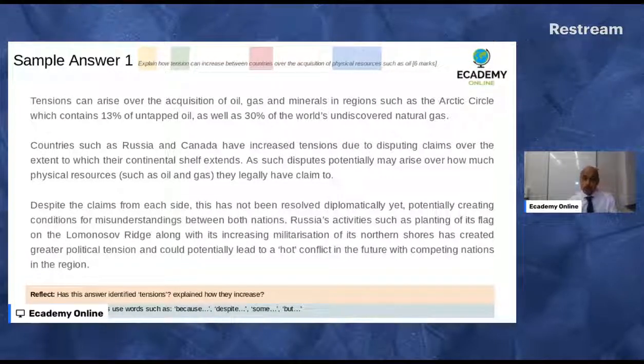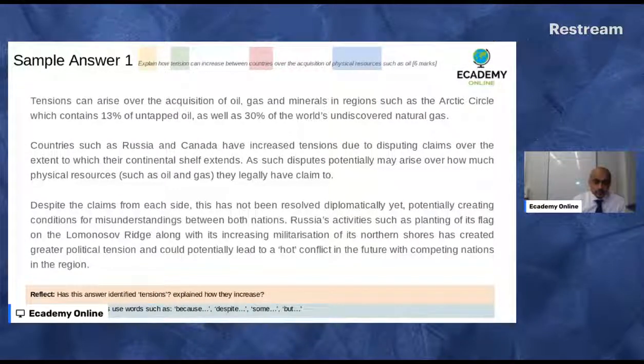Not only has the candidate mentioned that the dispute is over landmass, but also how much oil and gas the dispute will potentially be over in the future. So that's a really good development of that point. The third sentence builds on how the situation could potentially get worse than it already is, right? Because remember, we're talking about how tensions can increase over time.